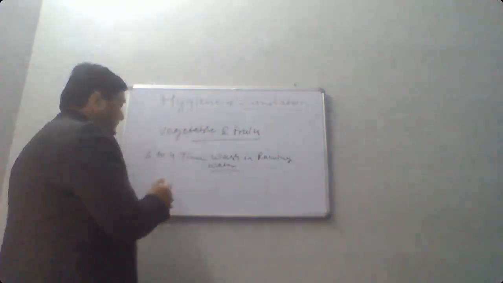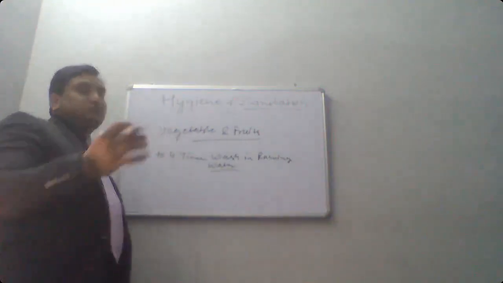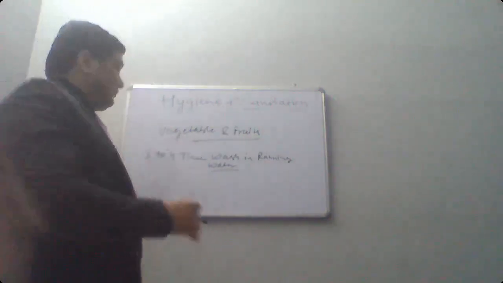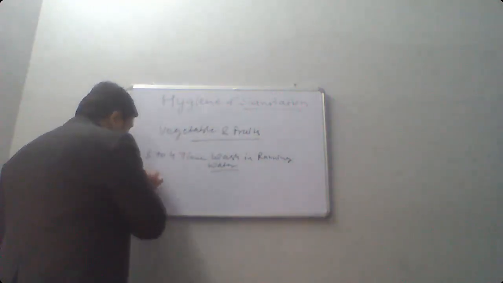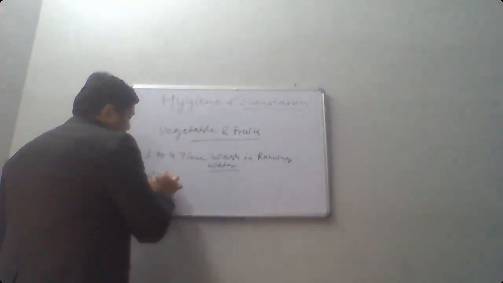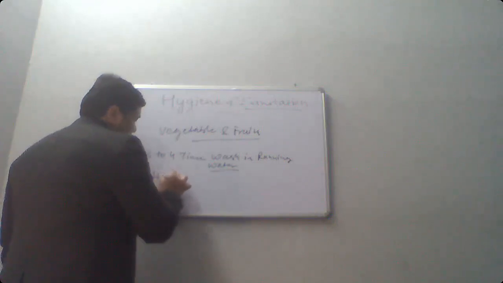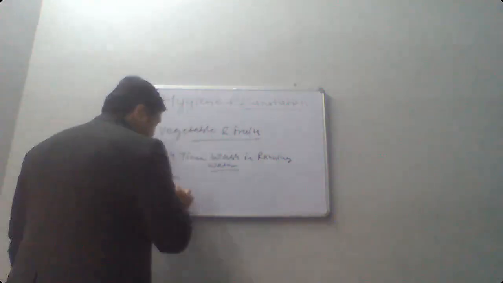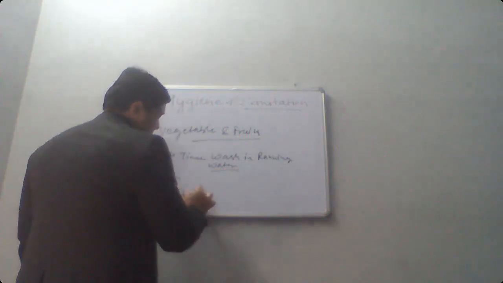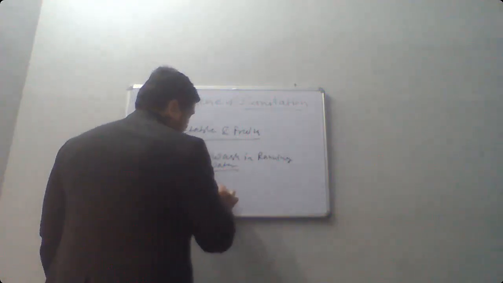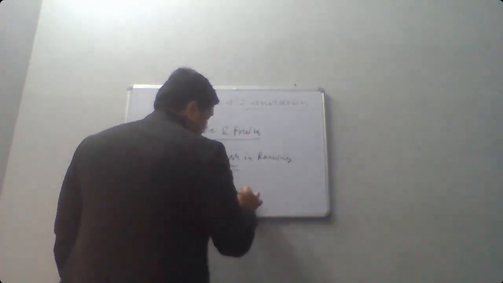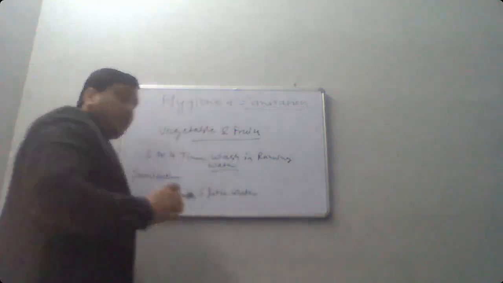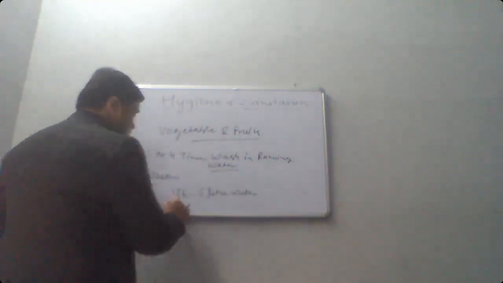Then if you are using the vegetables and fruits on the same day, what you have to do is sanitize with tablets. In one tablet, 5 liters of water. And if you are using 10 liters, 2 tablets.